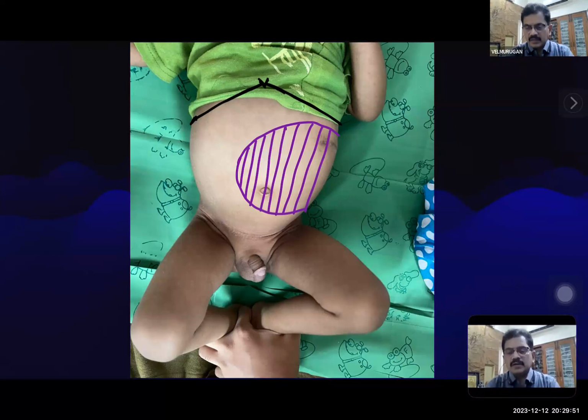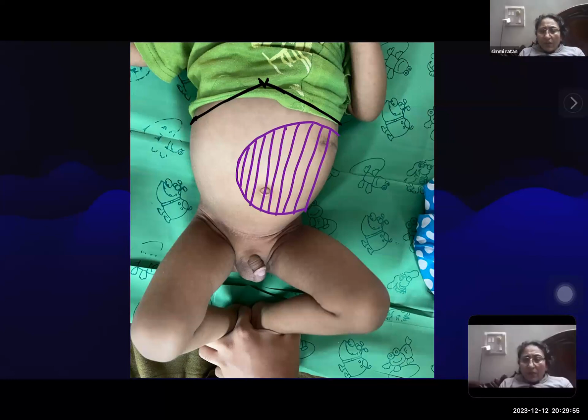Okay, agree. Okay, you tell me, with the nature of the mass, location, and what other features in the examination state it could be neuroblastoma. What other points in favor of neuroblastoma? Yes, ma'am. First is age group, madam. The age group falls, I think, 6 months to 2 years.